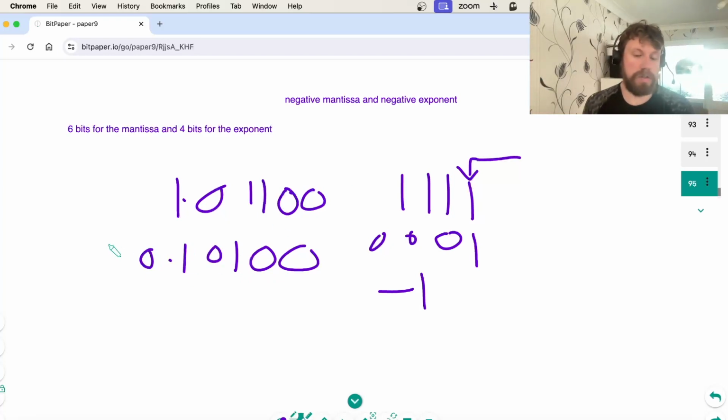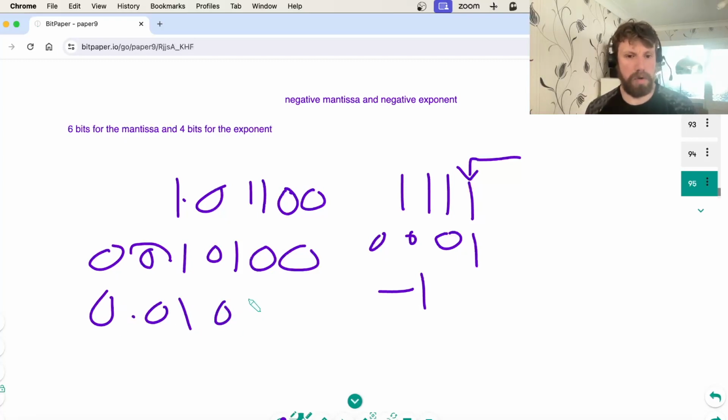And then what we have to do, applying that rule when we had a negative exponent before, is put another 0 at the front, move the decimal place, and then we go 0, decimal point, redraw our number, 1, 0, 1. And then we just work it out as usual. Half, quarter, eighth, 16th.